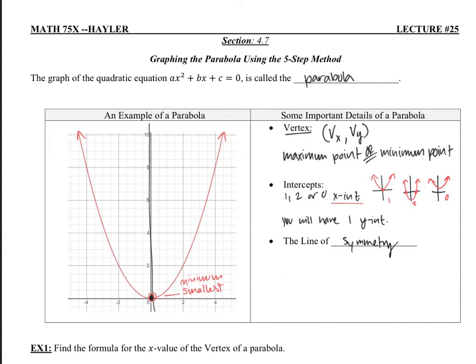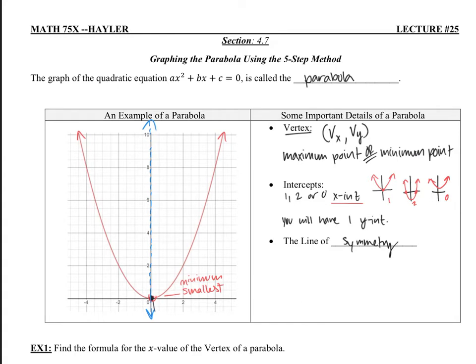It's not actually part of our graph, but it's a line we could draw in. We would normally use a dotted line. This line crosses straight through our vertex, and it creates that mirroring quality, or symmetry, between the two separate sides of our parabola, this side and this side.